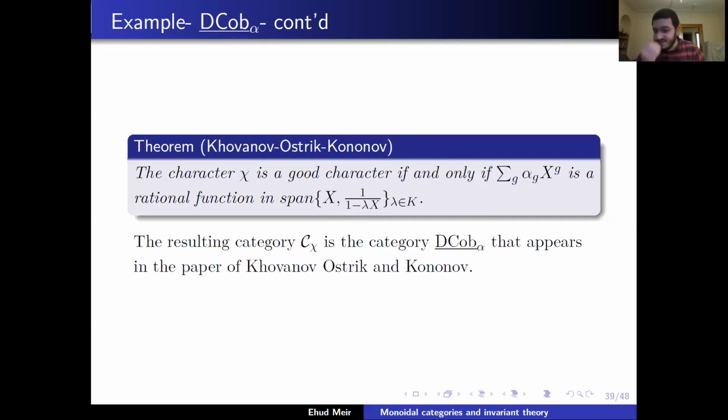They wrote it a bit differently, with some condition on the degree of the polynomial in the numerator and the polynomial in the denominator, but this is the same as saying that it's in this span. So the resulting category is the same as the category that appears in this recent paper of Khovanov, Ostrik, and Kononov.